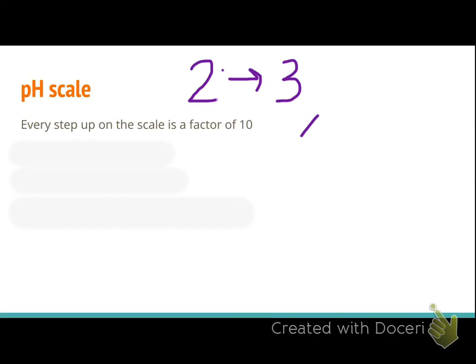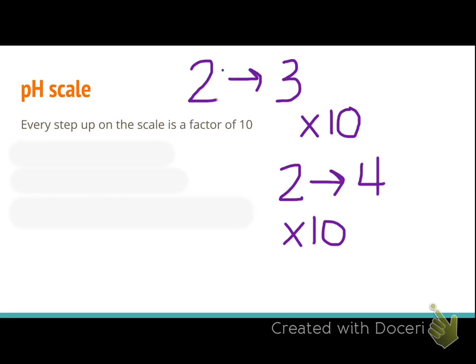So that means that from 2 to 3, the concentration of the H plus ion, and we'll talk about that in a second, is 10 times more when we go to the 3. If I'm going from a 2 to a 4, it's going to be times 10 when I go from 2 to 3, and then it's going to be times 10 when I go from 3 to 4, which means that going from 2 to 4 is by a factor of 100.